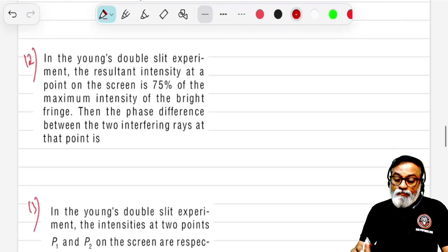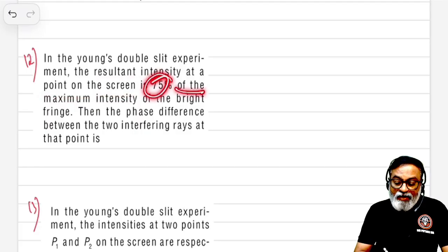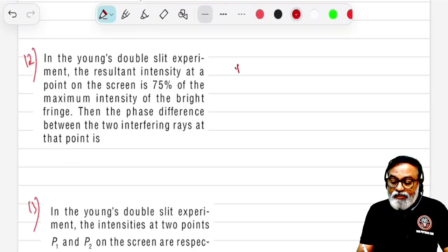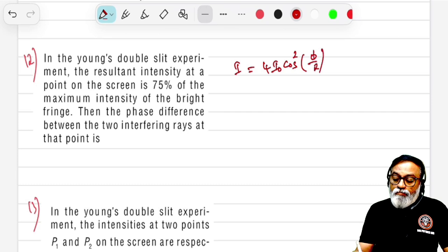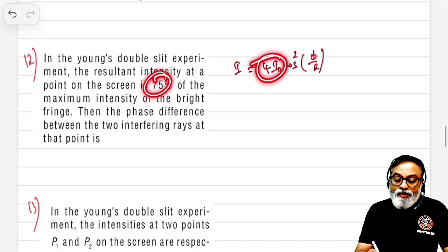Next one. In Young's double slit experiment, the resultant intensity at a point on the screen is 75% of the maximum intensity of the bright fringe. Then find the phase difference between the two interfering rays at that point. So here the resultant intensity I is equal to 4 I naught cos square phi by 2. But this intensity is given as 75% of the maximum intensity.